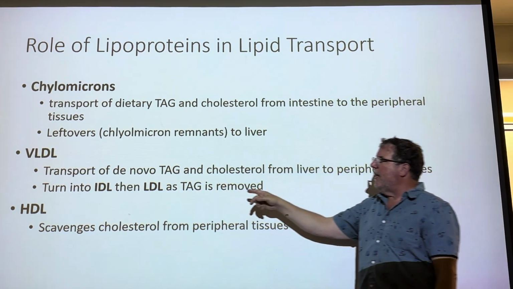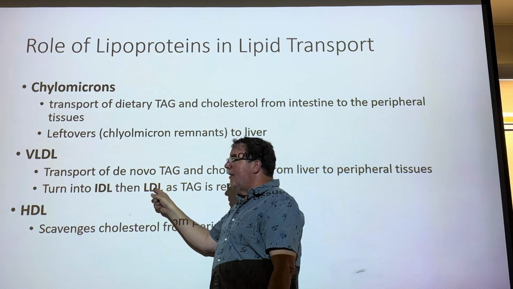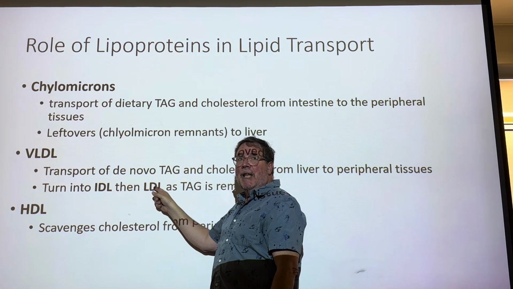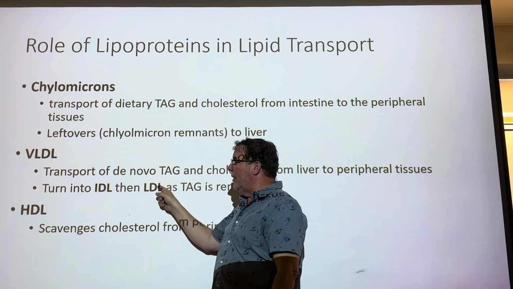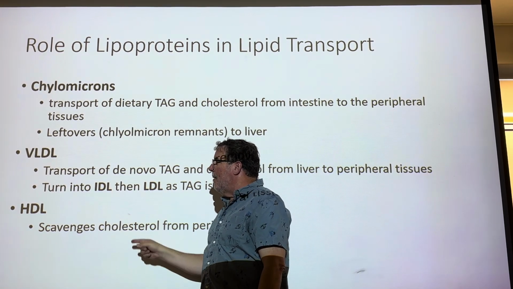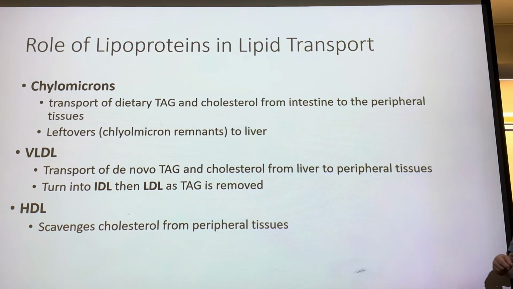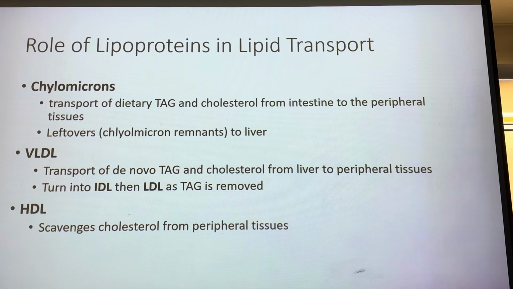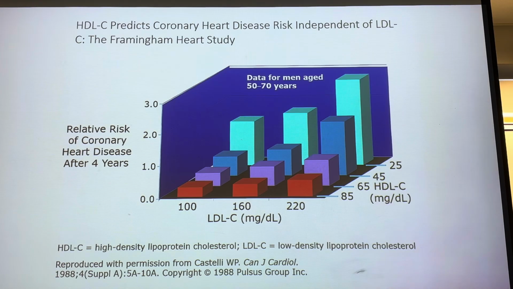And it turns out that cholesterol associated with LDL particles, known as the bad cholesterol, is directly associated with increased cardiovascular risk. But cholesterol that's associated with HDL particles actually has the inverse effect. The higher your HDL cholesterol, the less cardiovascular risk.